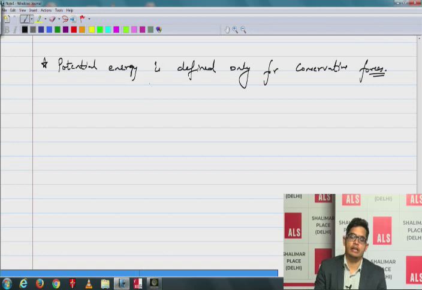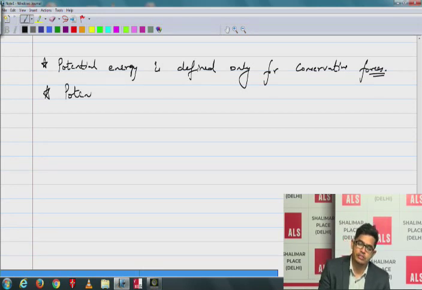The next point is, what is potential energy? Try to understand this.